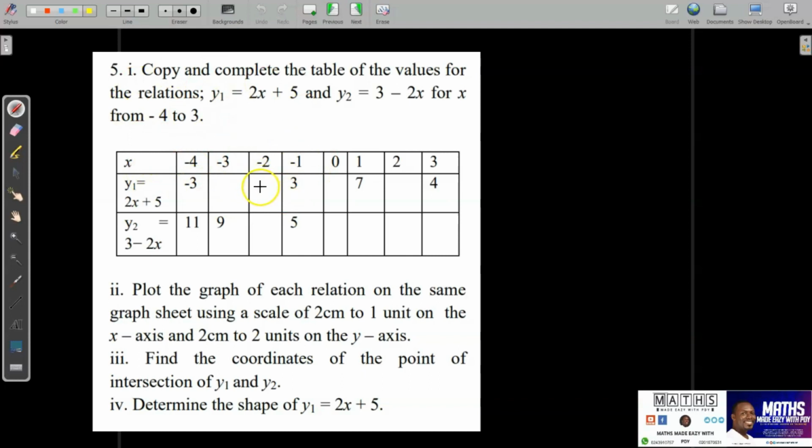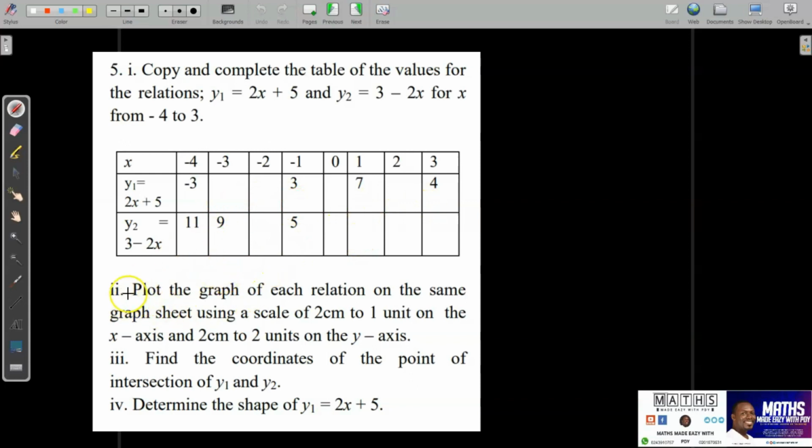I have another one over there. It goes as: copy and complete the table of values for the relations y1 is equal to 2x plus 5 and y2 equal to 3 minus 2x for x from -2 to 3. They've actually started the table of values for you, but it's incomplete, so you need to fill in the spaces.